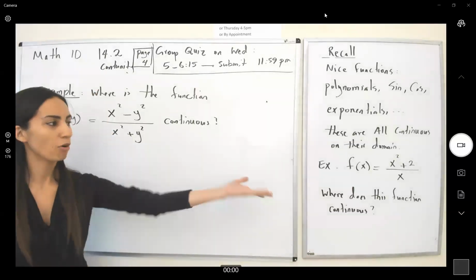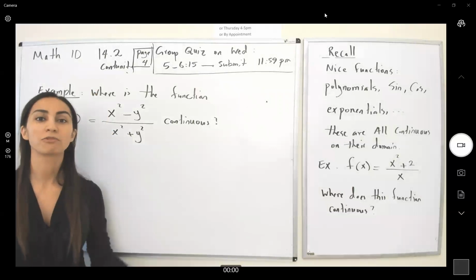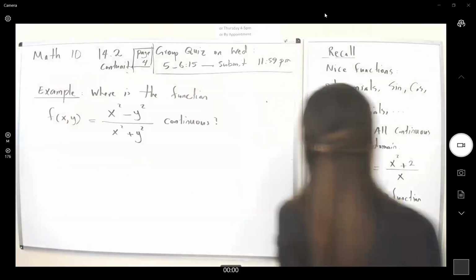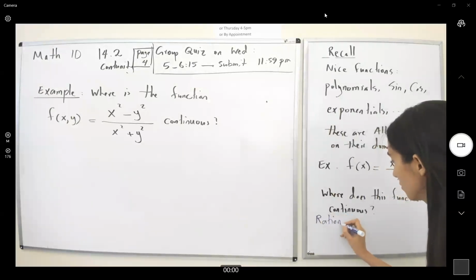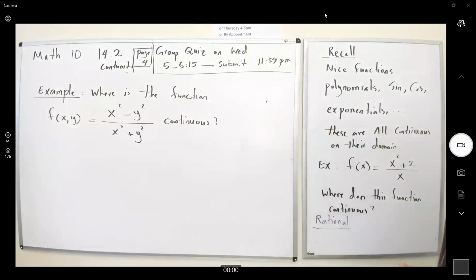Well, in both cases, you have rational functions. When you have a rational function, you find the domain of the function and you say that, hey, the function is continuous on its domain. The domain of this function is equal to the set of all real numbers.